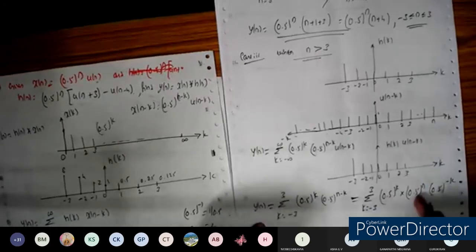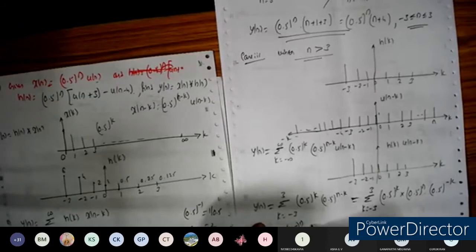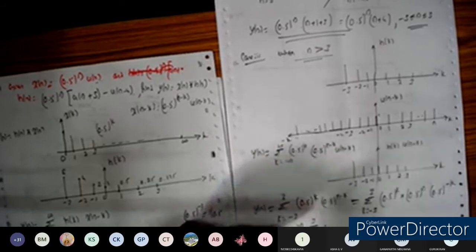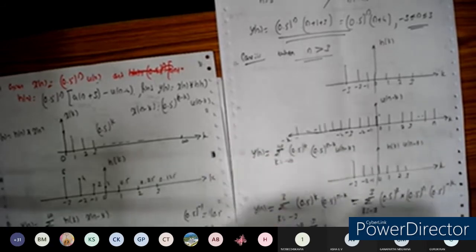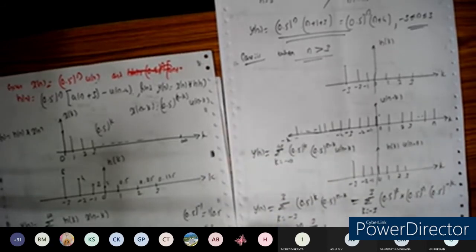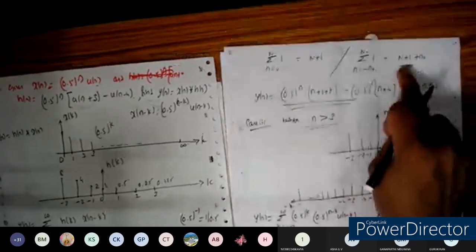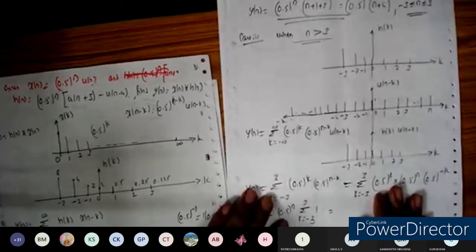So the resultant is 0.5 to the power of n, which is not a function of k, summation k equal to -3 to +3 of 1. If you add the 1 from -3 up to +3, that is -3, -2, -1, 0, 1, 2, 3, it will become 7. Or else 3 plus 1 plus 3, it will become 7. As per this formula also, it will become 7 only.